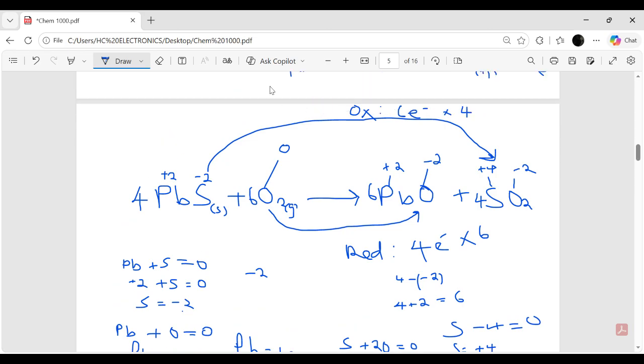So let's change the factor which we've multiplied it with. Can even use a fraction if possible. So you have 4 electrons here, and here you have 6 electrons. So what factor are we going to multiply it with?